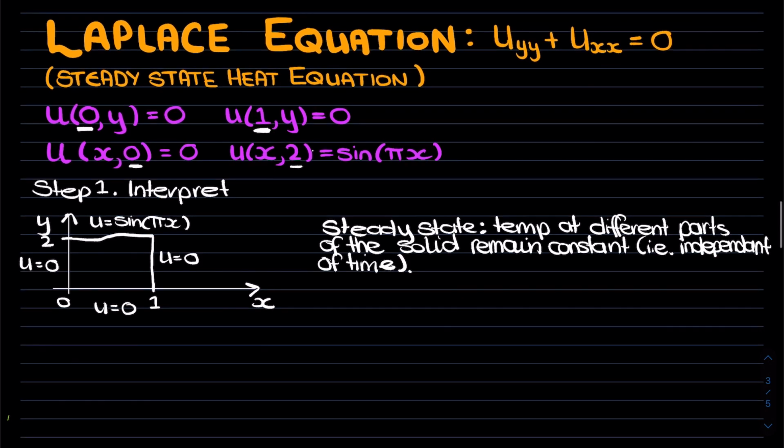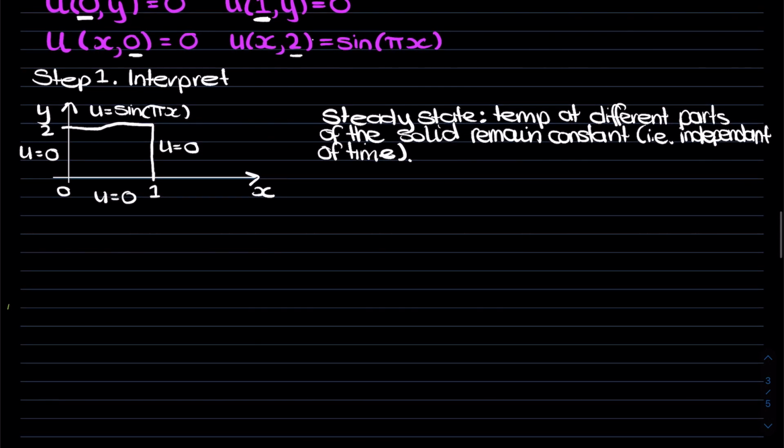So, all right, step 2. We need to identify if either x or y is our variable with our homogeneous conditions.